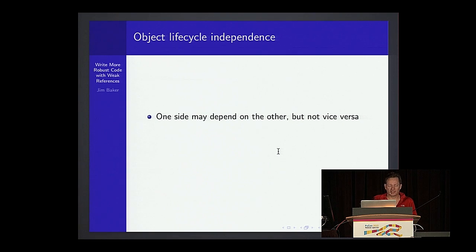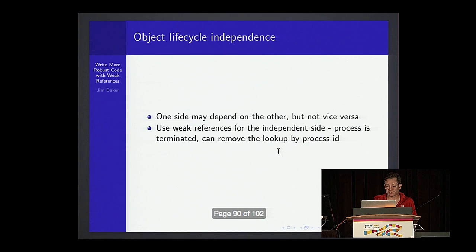Okay, so here's a little bit of guidance in terms of thinking about why you might use a weak reference in one place or another. It's really the consideration of object lifecycle independence. One side may depend on the other, but not vice versa.